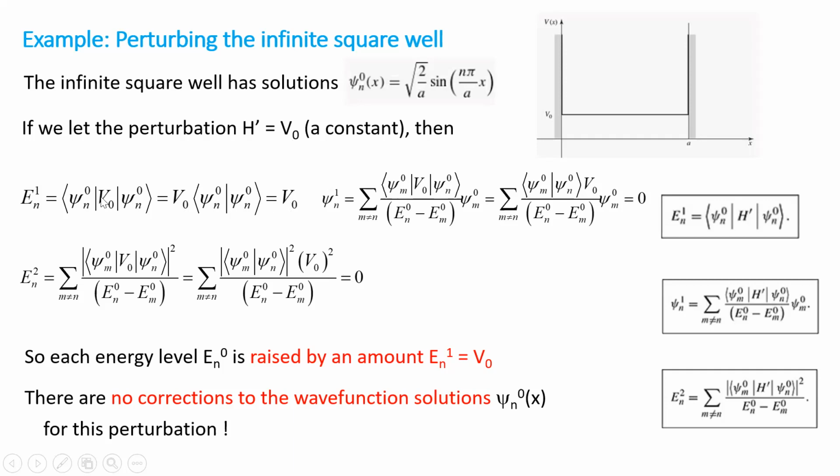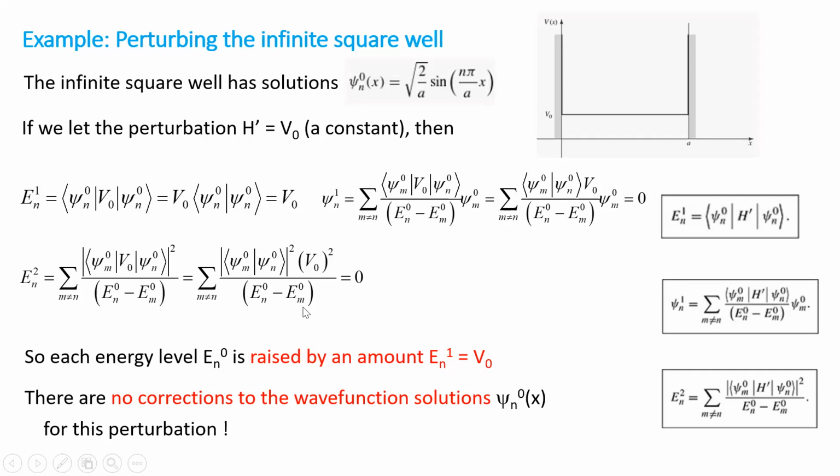We always get a first order correction to the energies. In general, if it's not a constant, if it has any kind of x dependence, we're going to get a non-zero correction to the wave functions. So this is a special case, but we used it here just to get a feeling for these expressions.